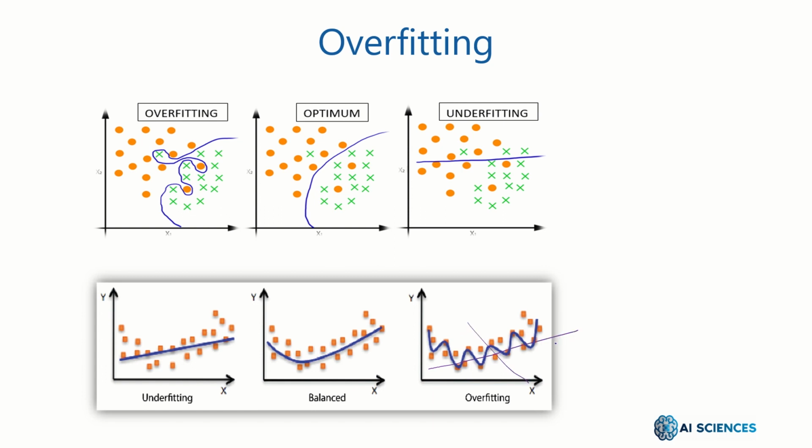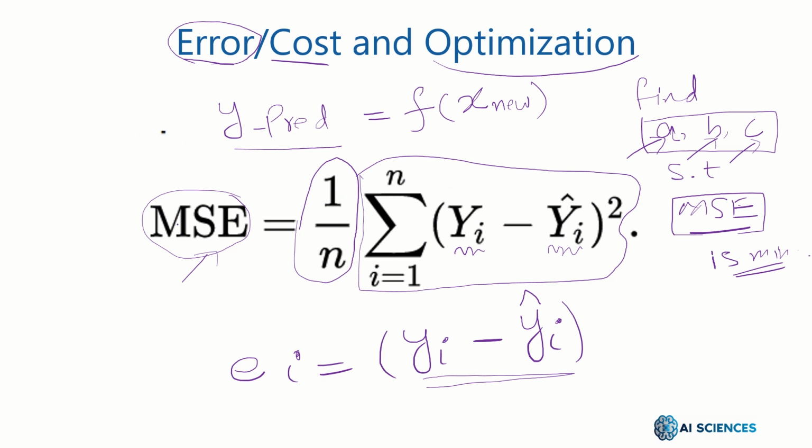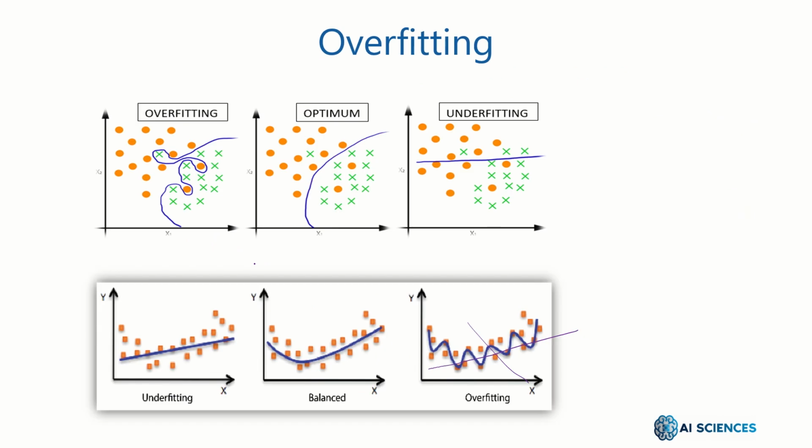If you allow your model to be a 2-degree polynomial, or 3, 4, 5, 6-degree polynomial, it will be much more flexible. And to minimize the mean squared error, or any error on training data, your optimization routine will try to fit a model that passes through each and every data point, because that will minimize the error.